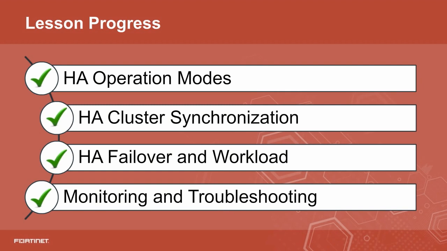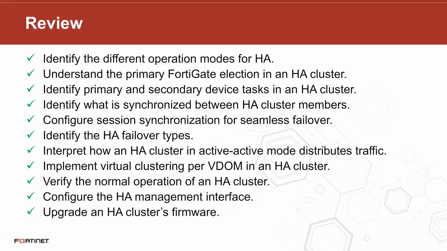Congratulations! You have completed the lesson. Now, you will review the objectives that you covered in this lesson. This lesson covered the following objectives. Identify the different operation modes for HA. Understand the primary FortiGate election in an HA cluster. Identify primary and secondary device tasks in an HA cluster. Identify what is synchronized between HA cluster members.